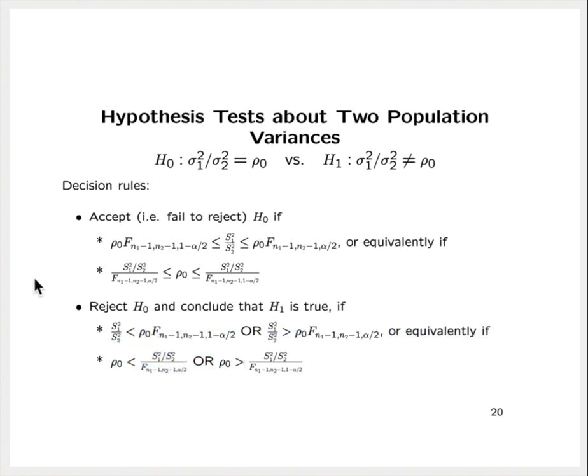We can also restate the acceptance and rejection rules in terms of rho sub 0, the hypothesized value for the ratio of the population variances.